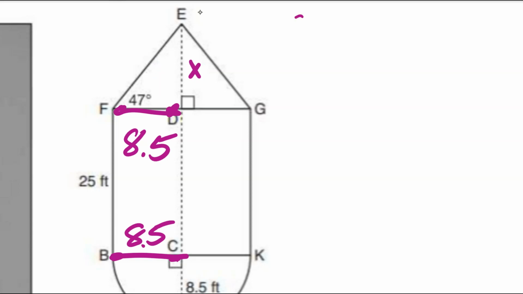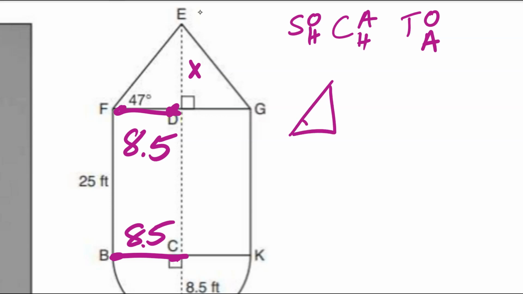And 9 times out of 10 when I'm given an acute angle, I want to be thinking this is probably a trig problem, a SOHCAHTOA problem, to help me solve for that missing side. So if I picture that right triangle with a 47-degree angle, an adjacent side of 8.5, and an opposite side that we're looking for, that sounds like a tangent problem.